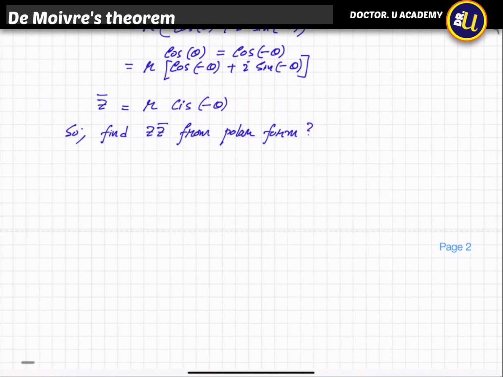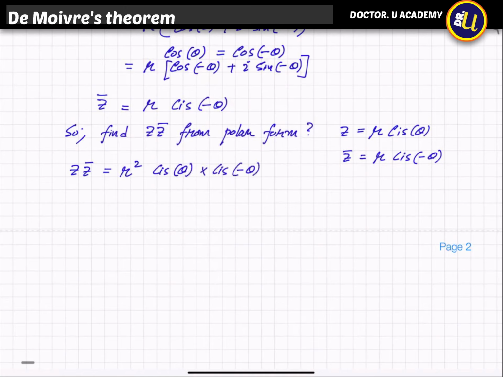Okay, so now here we are given z and z bar, so we need to find the multiplication. So let me write z here. z would be r cis theta, and z bar is r cis minus theta. So what I'm asking you to do is z times z bar, which is r squared cis theta times cis minus theta.